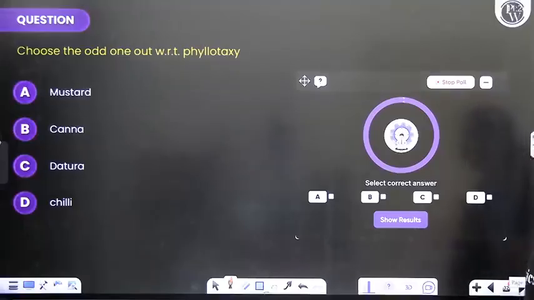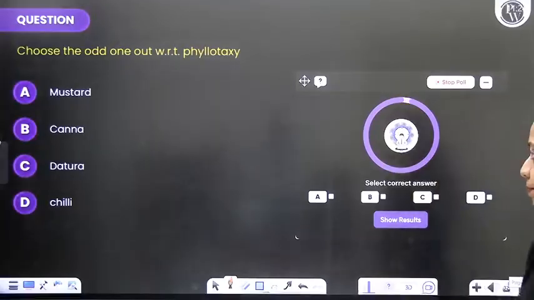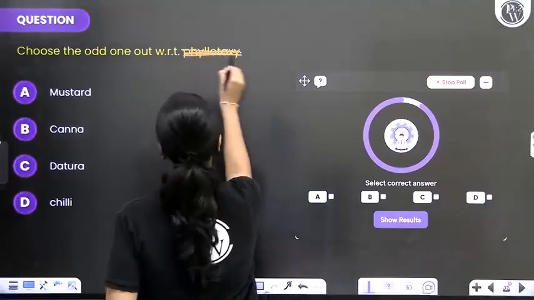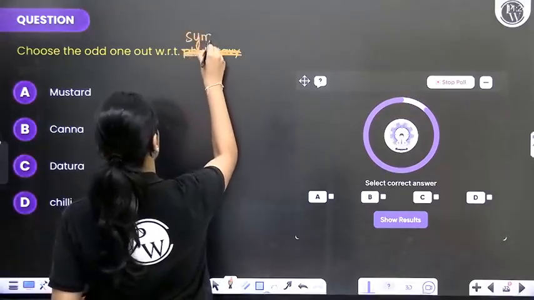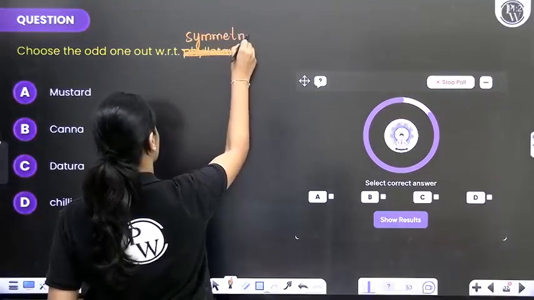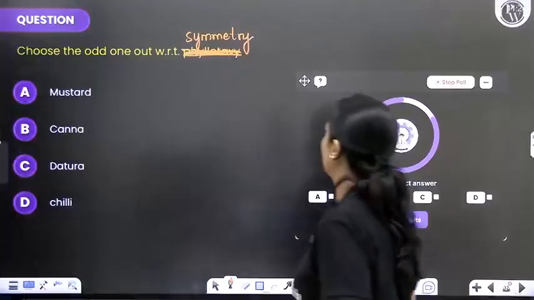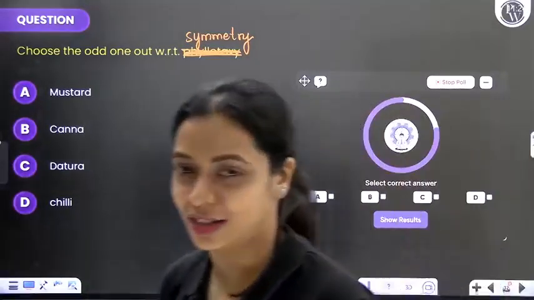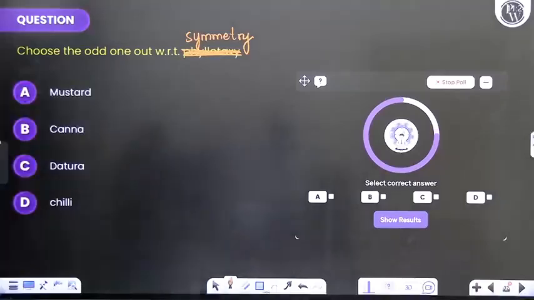Choose the odd one out with respect to phyllotaxy. Oh my god, not phyllotaxy, symmetry. Before you start abusing me and saying you've made a wrong question, I've changed it.